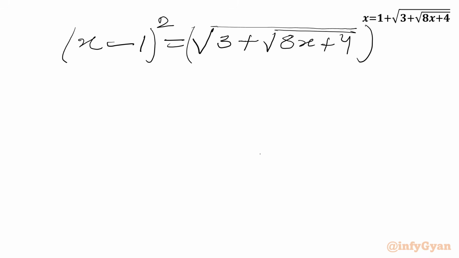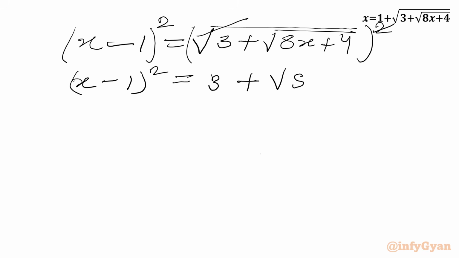So we write here part 2. Now the square root and square will get over from the right hand side. We write x minus 1 whole square equal to 3 plus square root of 8x plus 4.